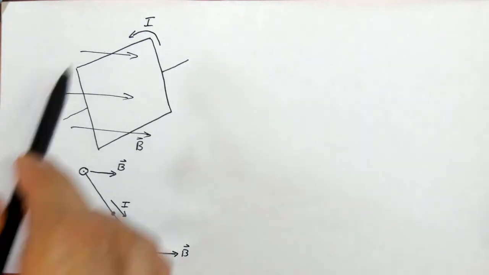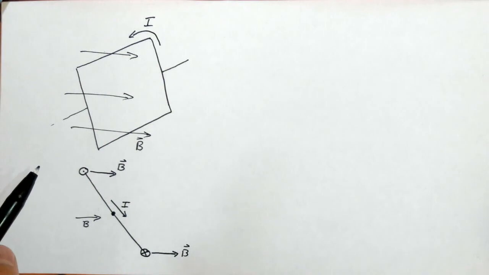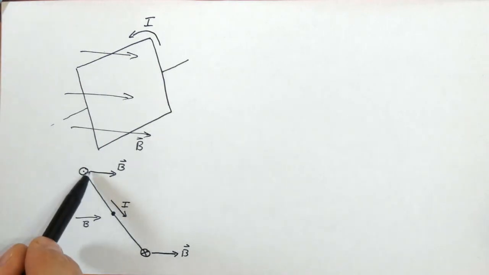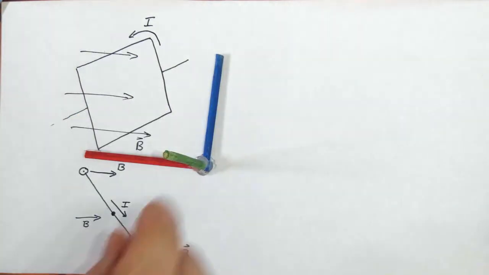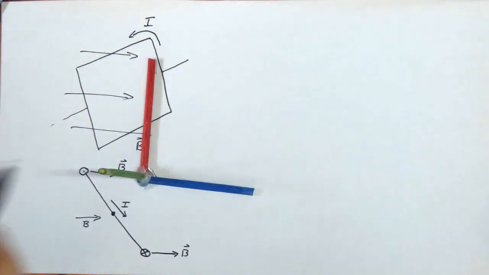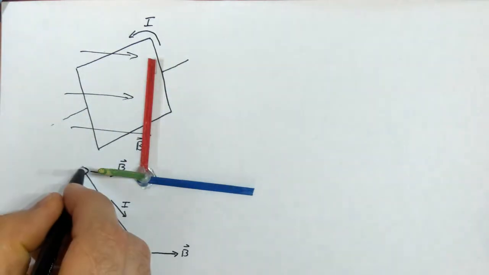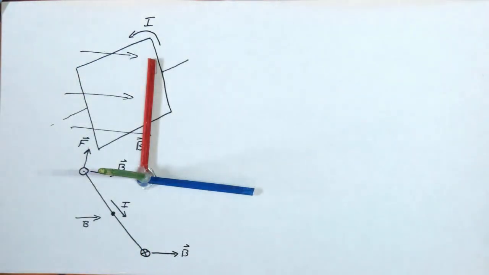Okay, so if I look at the top wire here, current's flowing out, and the magnetic field's this way. So I have current flowing out at you. That's my green. The magnetic field is to the right, which means my force on that current is upward. So here is F on the top one.